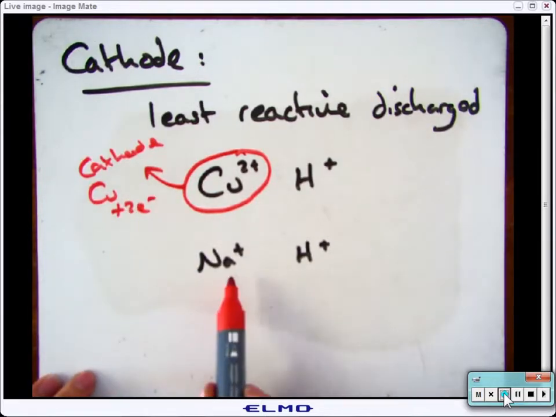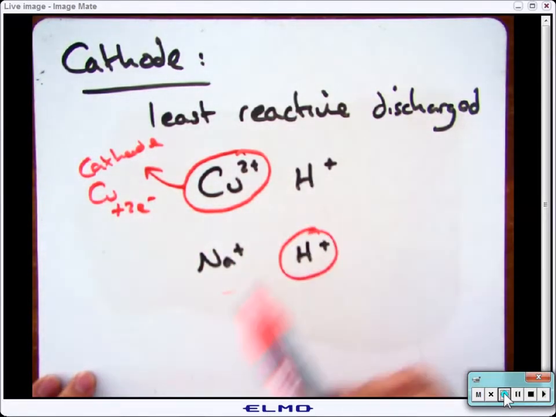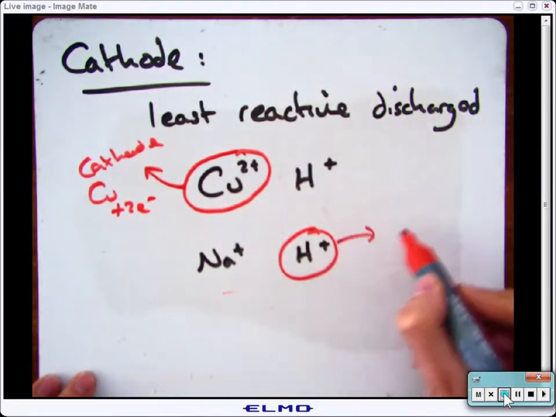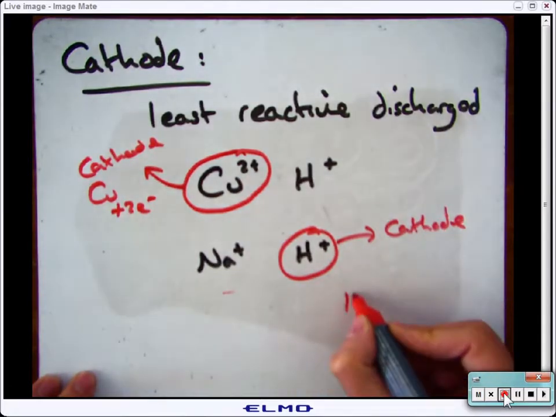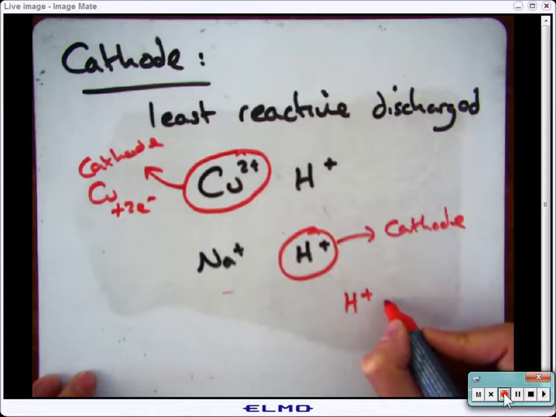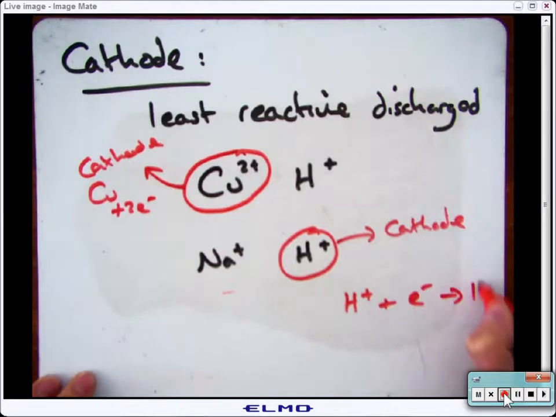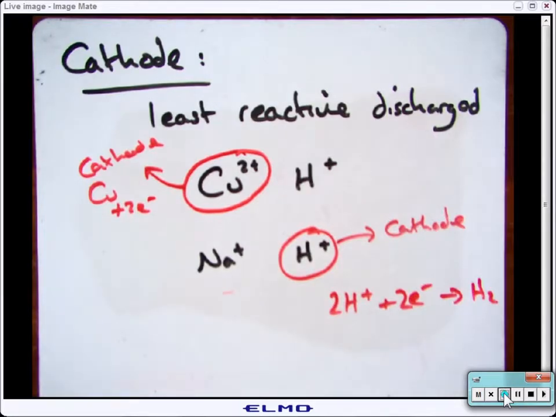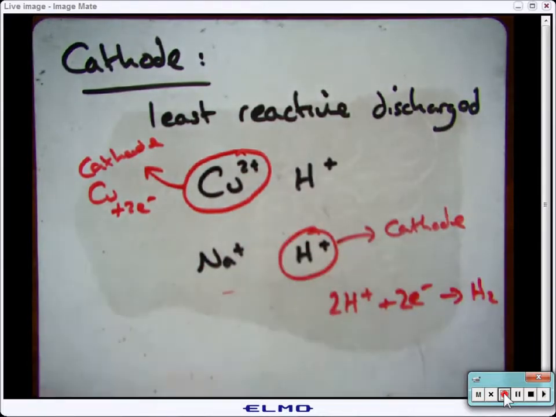In this case, however, because sodium is more reactive than hydrogen, it will be the hydrogen that will go to the cathode. So your half equation would be H+ plus an electron goes to H2, which then needs balancing. So it is the most reactive that stays in the solution, and the least reactive that goes to the cathode.